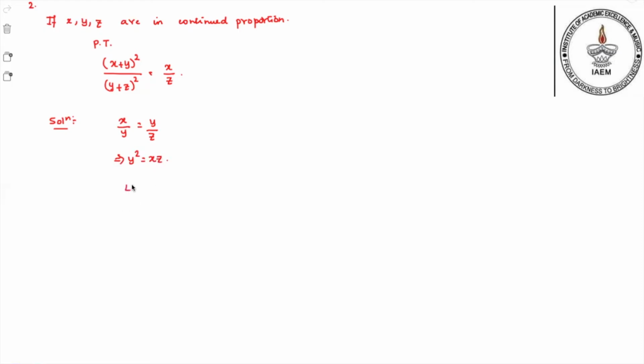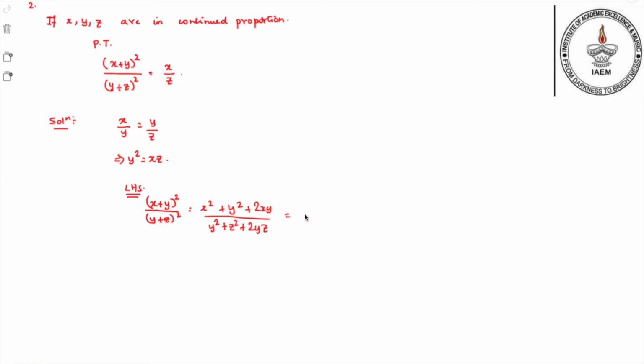In the LHS, X plus Y whole square by Y plus Z whole square equals X square plus Y square plus 2XY by Y square plus Z square plus 2YZ.